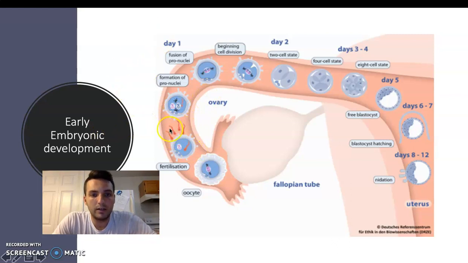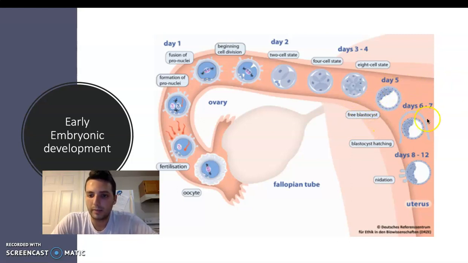As you can see, as it travels down the fallopian tube through the consecutive days, it will divide into more cells. Around day 4, it will be a 16-cell egg, which isn't really presented here, called a morula. Then it'll divide again around day 5 and become a blastocyst, which is about 32 cells or so.